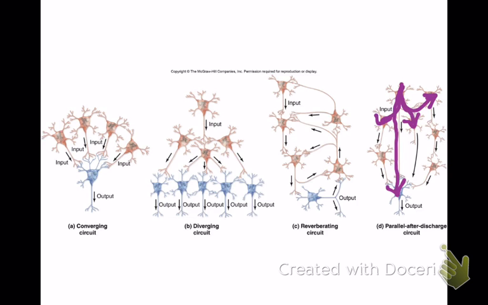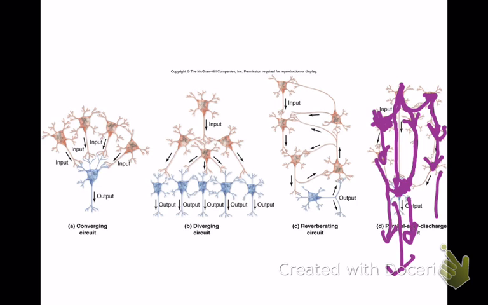But this guy sends the impulse out. What does this guy do? Sends it to the next neuron. This guy sends it to the next neuron, which is the output neuron, so we get a second impulse. This one sends it to its next neuron, all those at the same time. And then we do that again, so this guy's ready, this guy's not, and then finally we get a fourth.